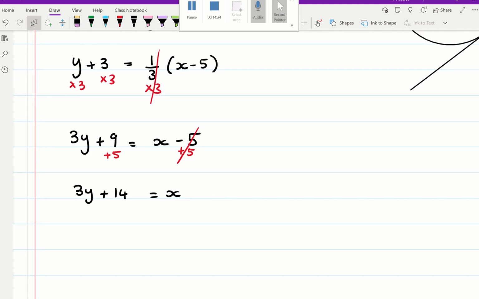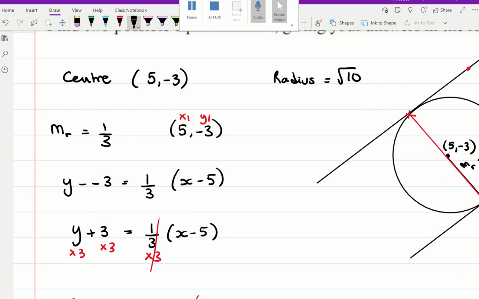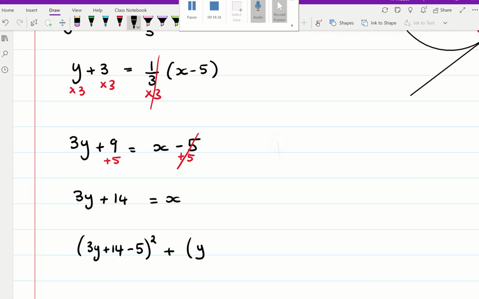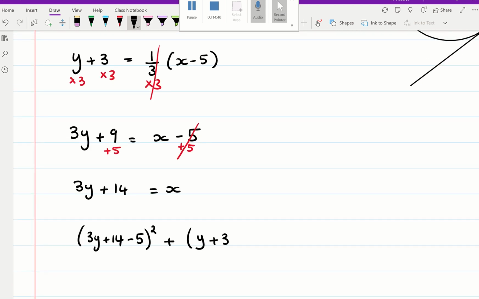So x, which is 3y plus 14, and then it's minus 5 squared, plus y plus 3 squared equals 10. So I've got my 14 minus 5, which is a 9.